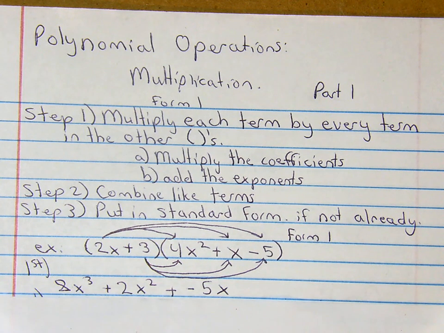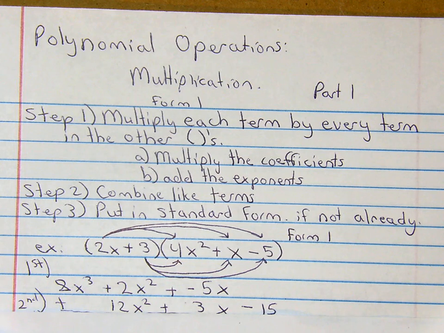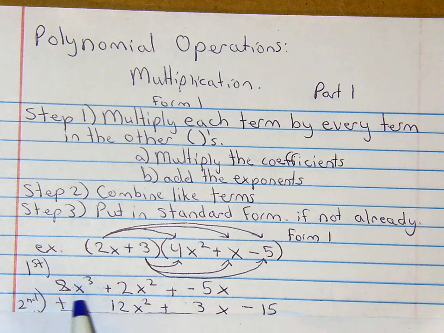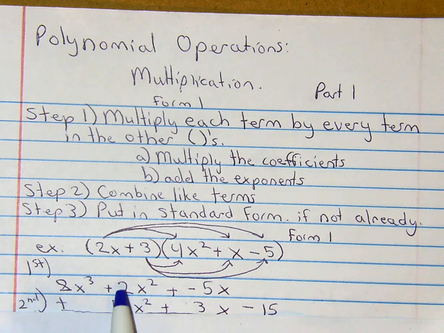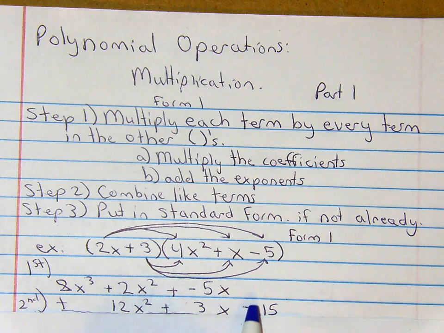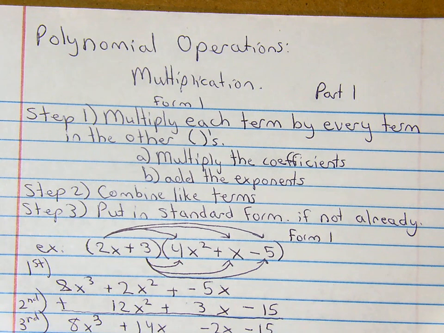So what we get is that when we multiply by our 2x, and that when we multiply by our 3. So when you set these up, you can notice that you can already start aligning them to be able to do step 2, which is add them together.